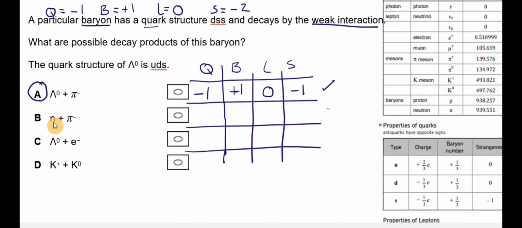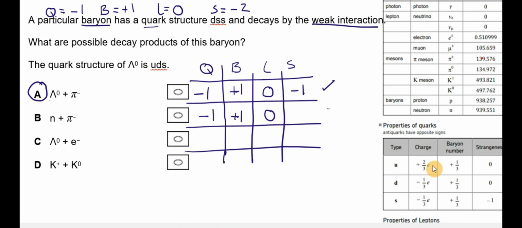Neutron has a charge of 0. Pi meson has a charge of -1, so overall a charge of -1. Neutron is a baryon, +1, so overall we've got a baryon number of +1. Neither of them are leptons, so lepton number is 0. So it's looking quite good so far. We just need to see what the strangeness is.